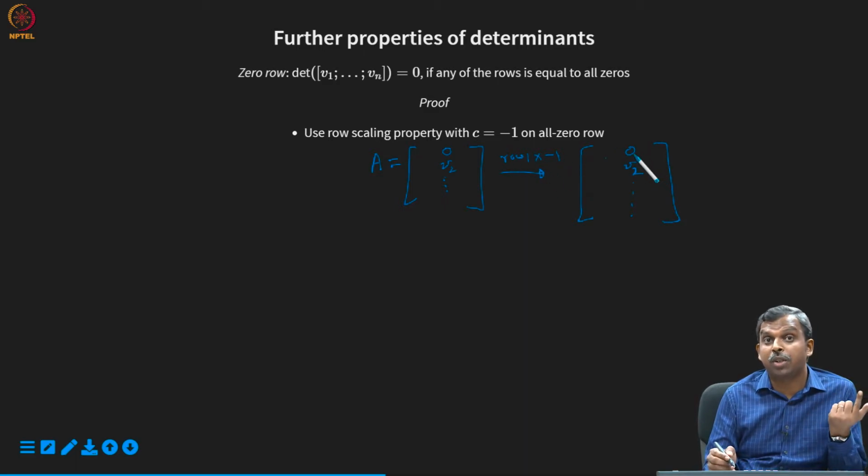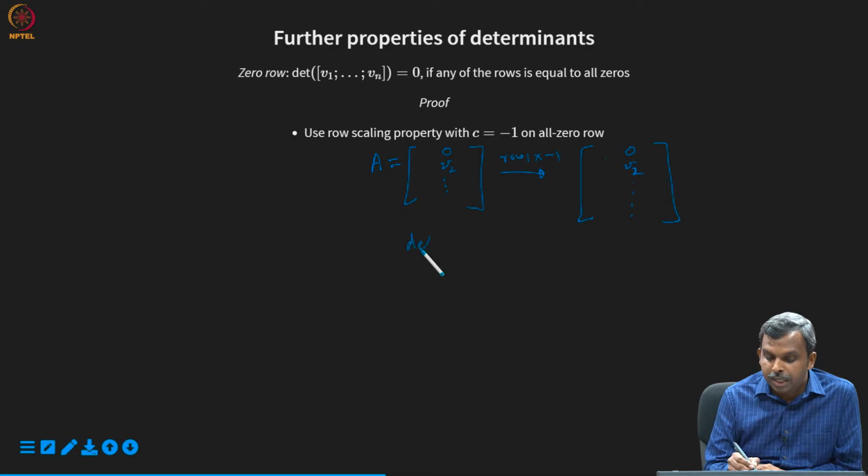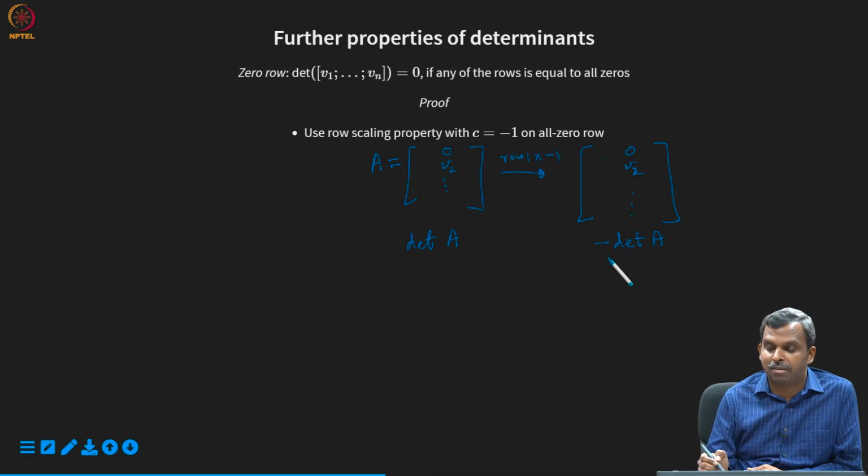But what does the property of the determinant tell me? The determinant of the new matrix is minus determinant of A, right? Because if you multiply any row by a scalar c, the determinant gets multiplied by that value. But the two matrices are identical when you have the 0 row, so these two have to be equal, which implies the determinant of A equals 0.